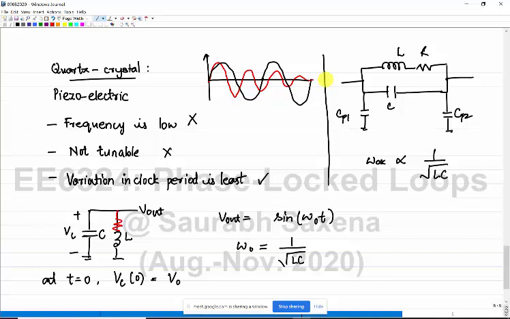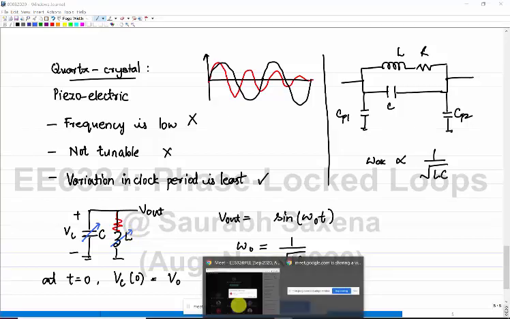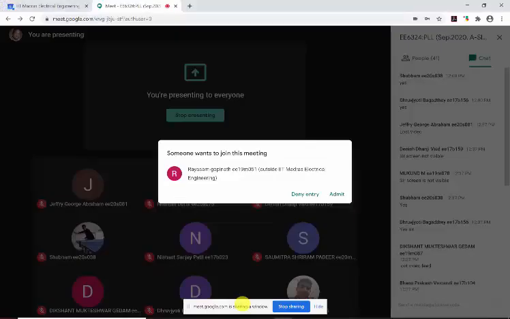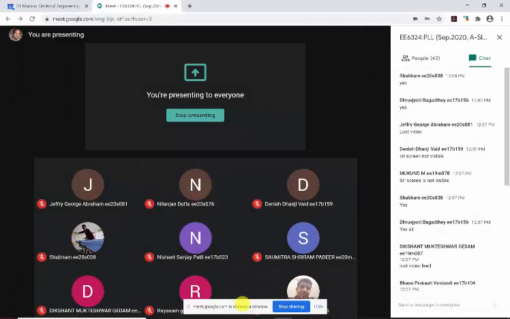The other thing is, this capacitor and inductor, these two things are actually going to vary, and because they vary, you need to fix the frequency. How are you going to fix the frequency and so on? Well, that is the part of this course.